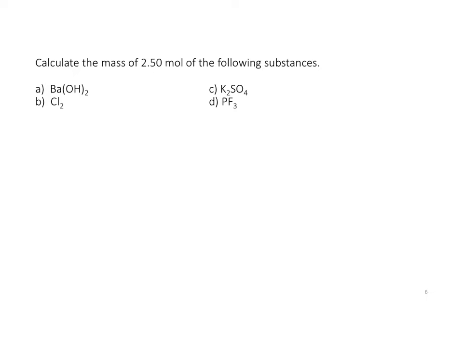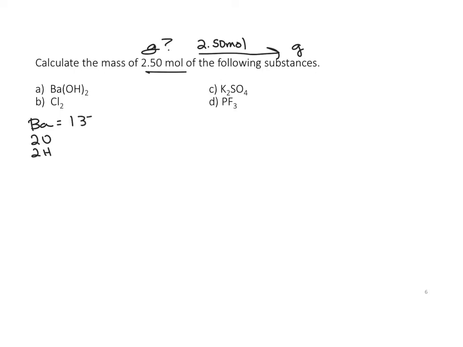Calculate the mass. Mass is grams. So of 2.50 mole of the substances. Now we're going from mole to gram, and we still need to do the formula mass. So for A, we have barium hydroxide. We have 2 oxygens, 2 hydrogens, so we have to add that up.